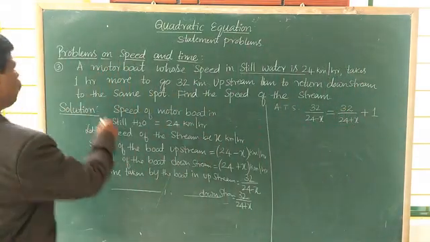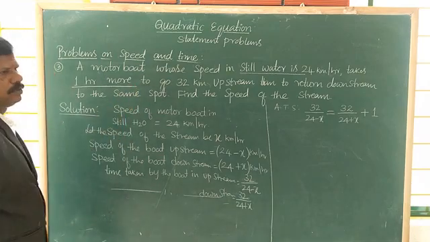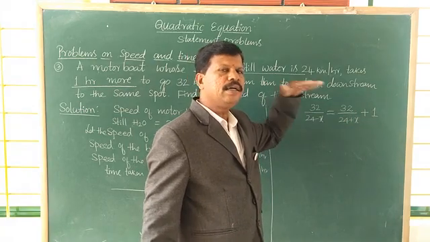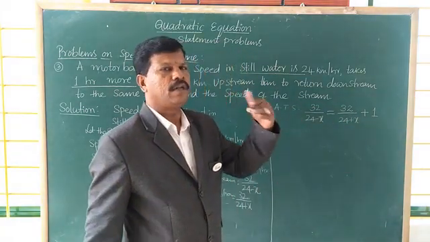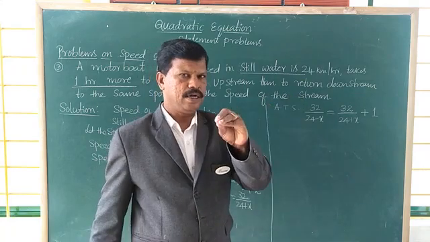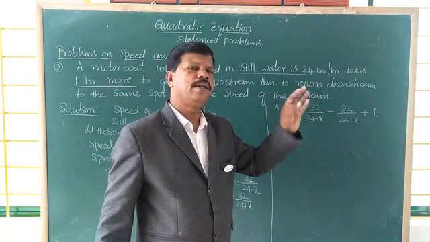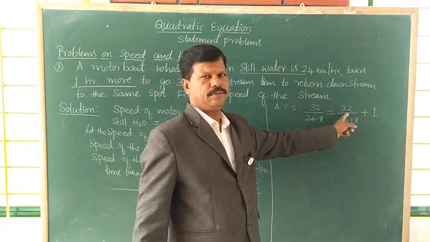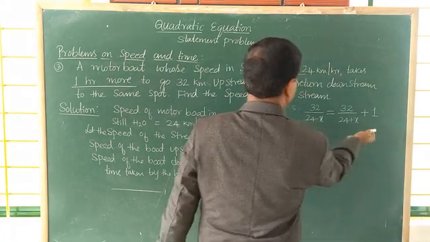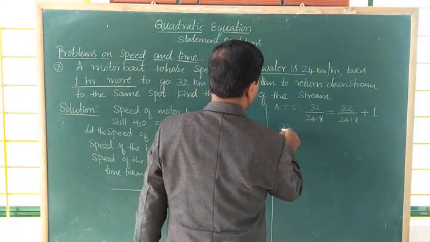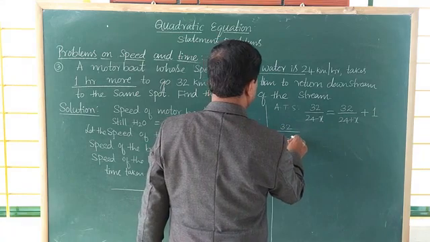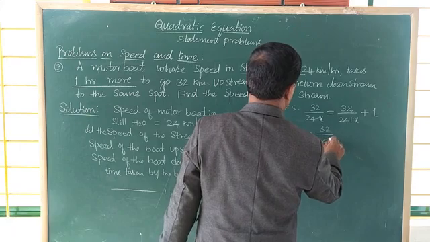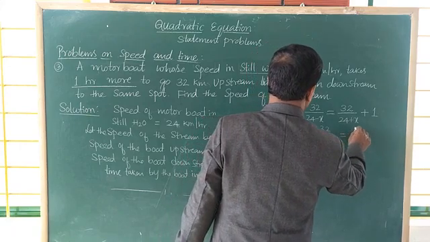See, here is 1 hour more. For example, if the boat is taking 5 hours downstream, then when it is going upstream, it takes 1 hour more than this. Clear? So now shifting this, 32 by 24 minus x minus 32 by 24 plus x is equal to 1.